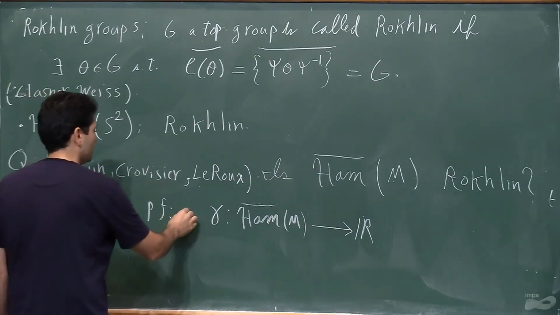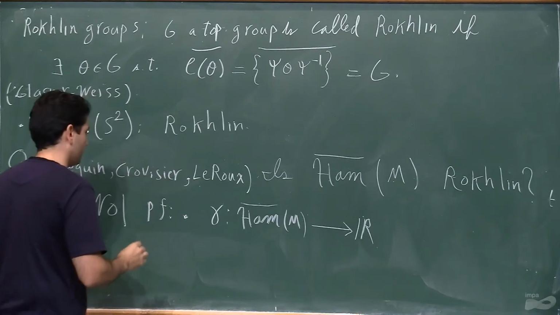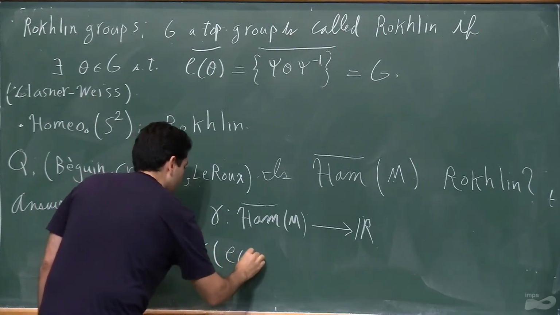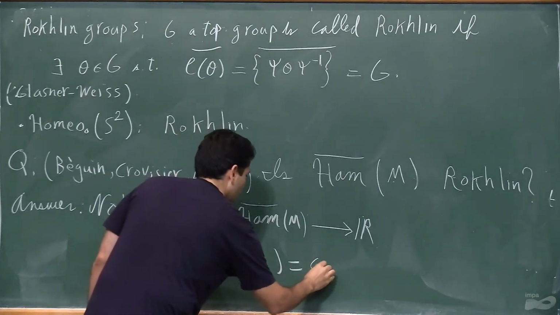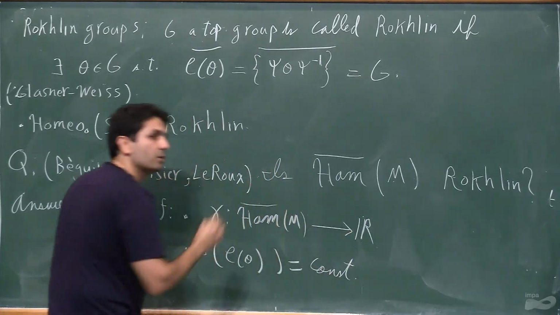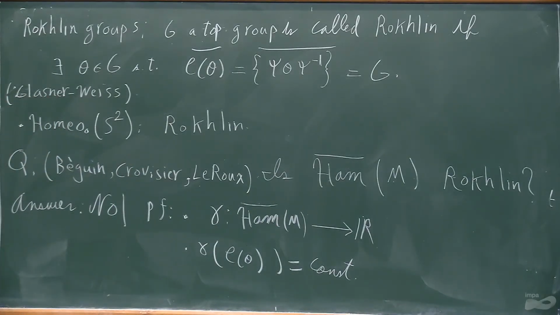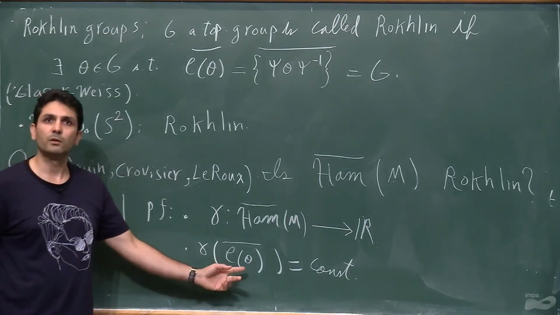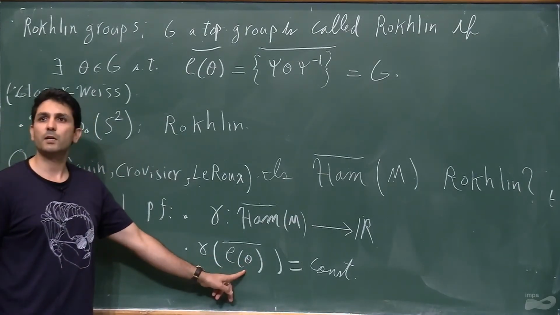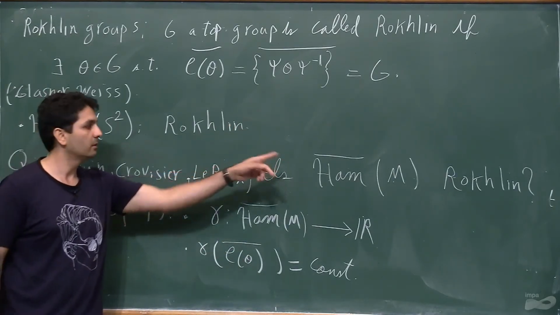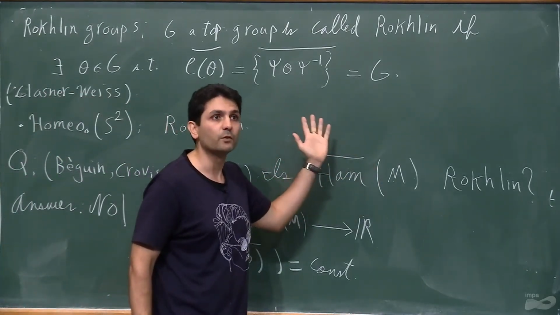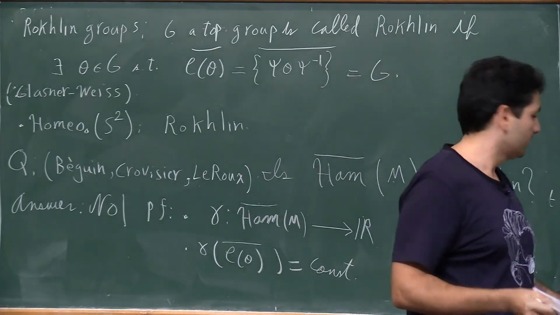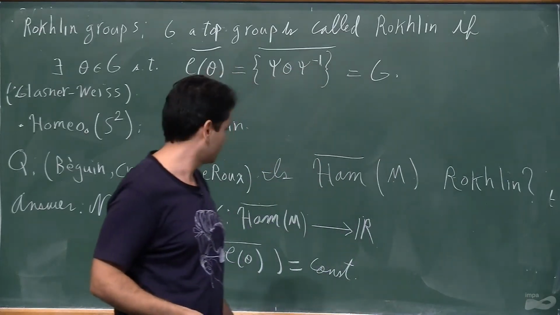Gamma is well known to be a conjugation invariant norm. That's one of its key properties. So gamma on the conjugacy class of theta is constant. Now, if the conjugacy class of theta is dense, by continuity gamma is constant on the closure. So if you had a dense conjugacy class, gamma would be constant on the entire group of Hamiltonian diffeomorphisms, for example. But it's known that gamma is non-trivial. That's the energy capacity inequality, one of the deepest results in our field.